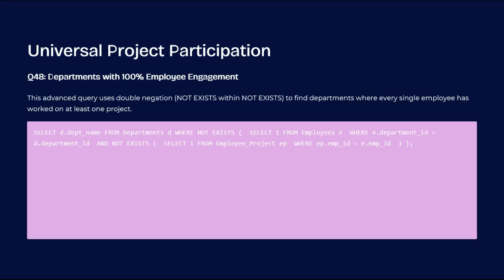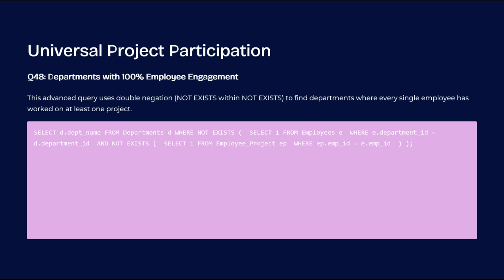Now, departments with 100% employee engagement. This advanced query uses double negation, NOT EXISTS within NOT EXISTS, to find departments where every single employee has worked on at least one project.